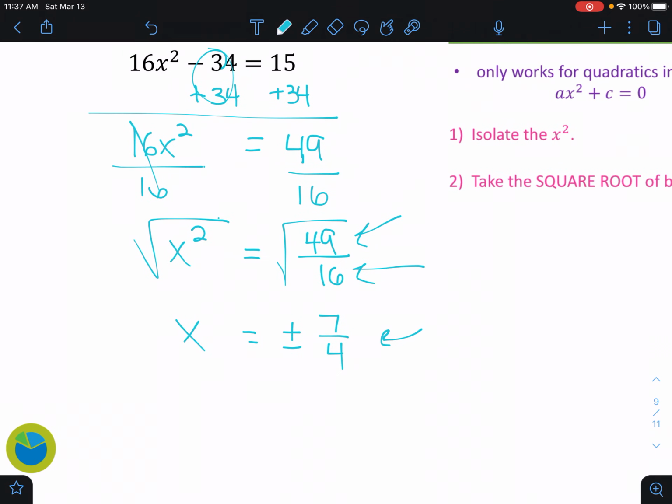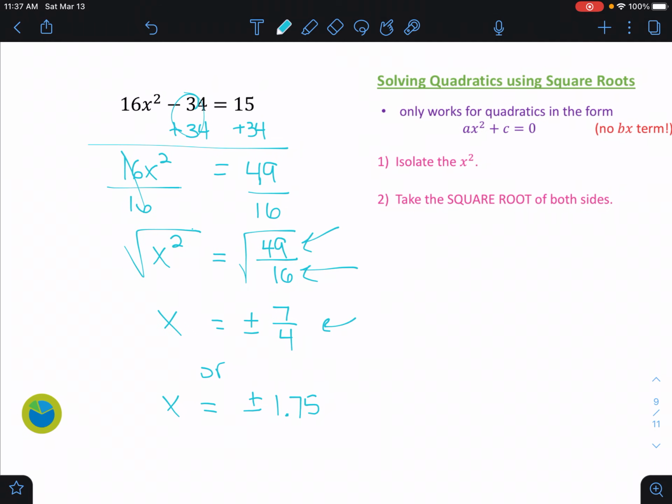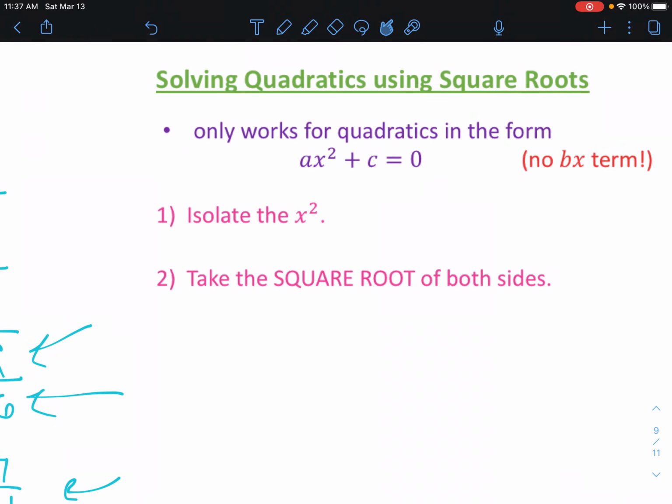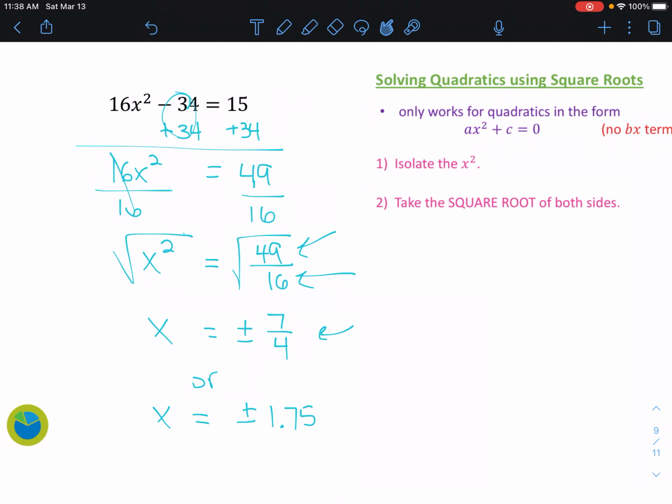This is the same thing, right? So I don't care which way you write it, but just something to note if you are interested in fractions. That's another way to break those apart. Okay, that's really it with solving quadratics using square roots. Again, follow these steps. There's just a couple, and you should be good.